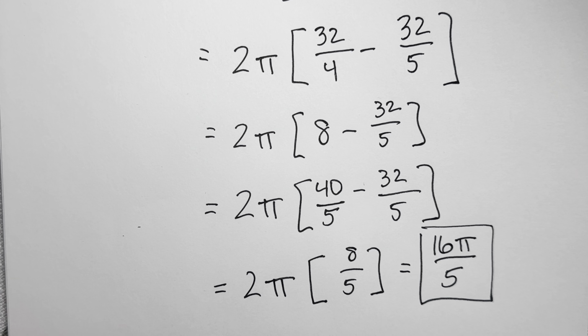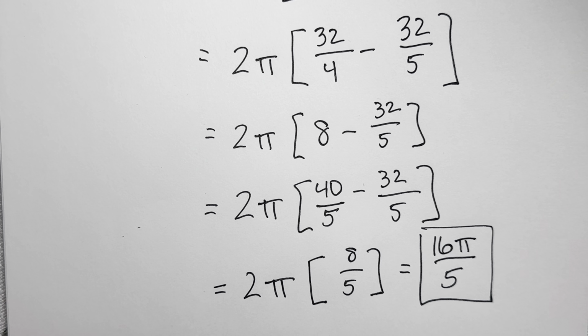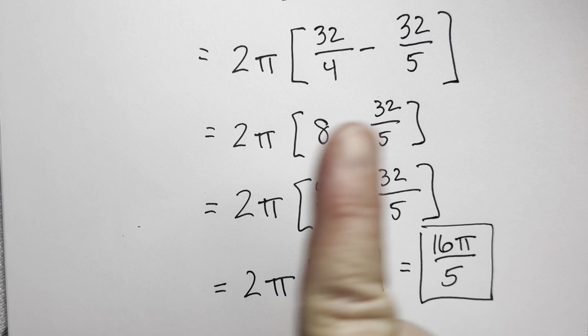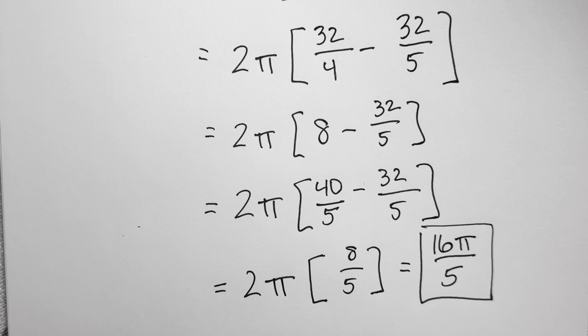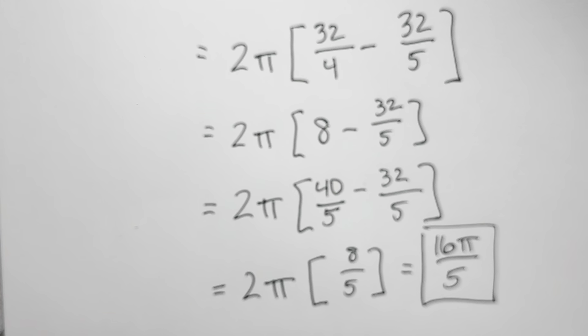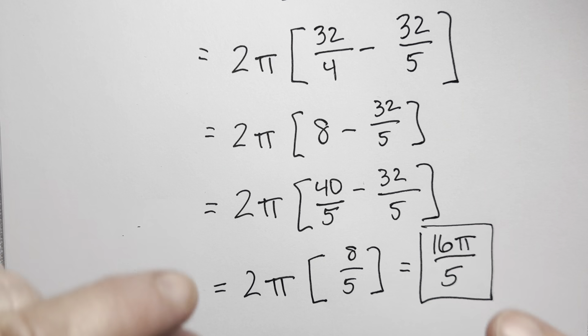Now, if someone were to come up and ask you, where did the pi come from? Where are you getting pi? The answer is generally going to be the pi is coming from the fact that you're rotating these objects around an axis. So you're involving circles, either tall circles, which are cylinders, or short circles, which are discs, or short circles with holes in them, which are washers, right?